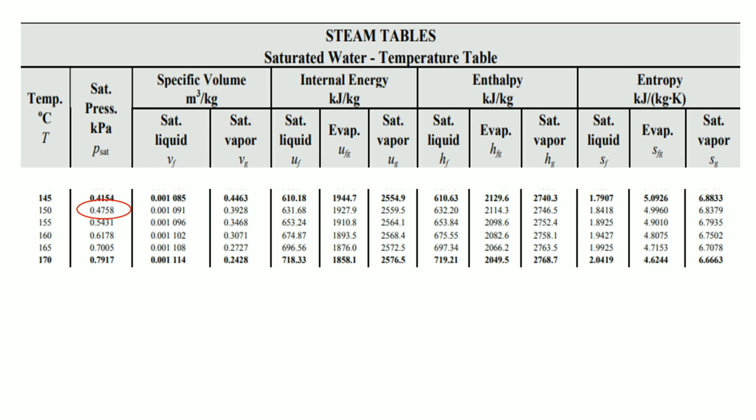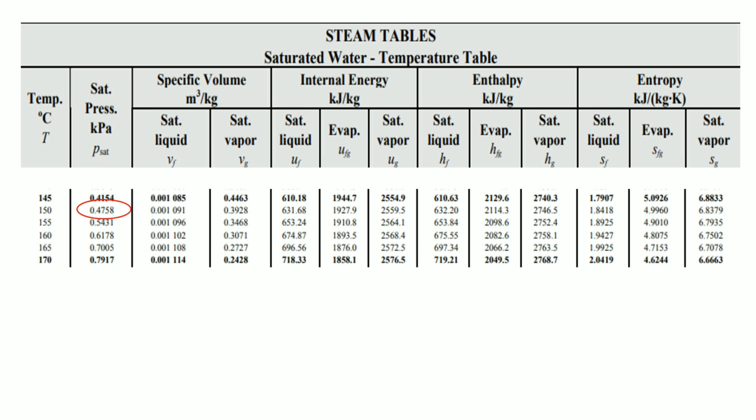After that, we need to go back to our steam table because we are going to need the saturated pressure, since for our first problem here, we need to find the pressure of the water.